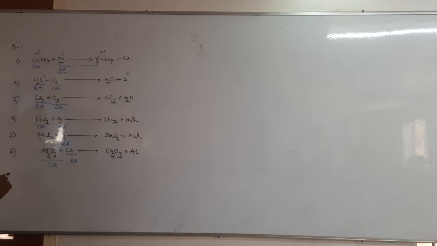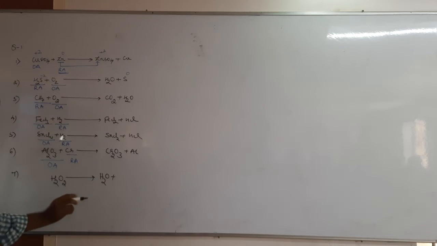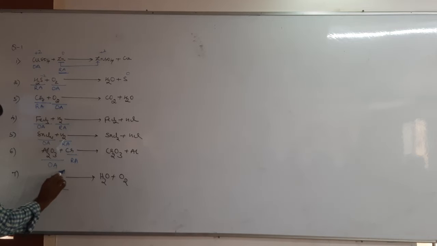One more. If H2O2 undergoes decomposition, it forms H2O plus oxygen. Tell me, what about H2O2? Is H2O2 an oxidizing agent or a reducing agent? Both. Because if you calculate the oxidation number, you will get peroxide, -1.